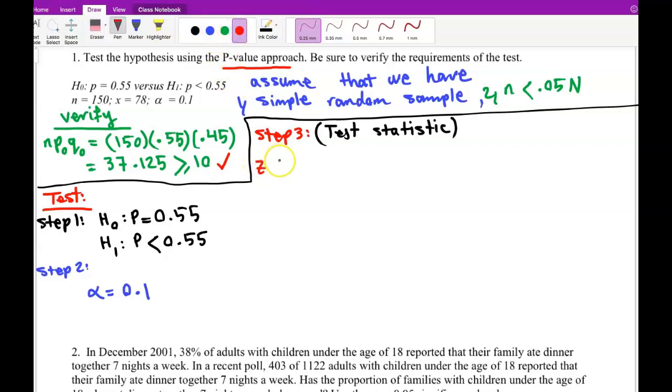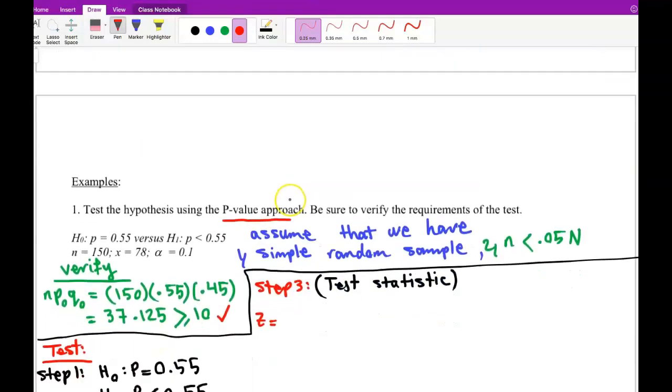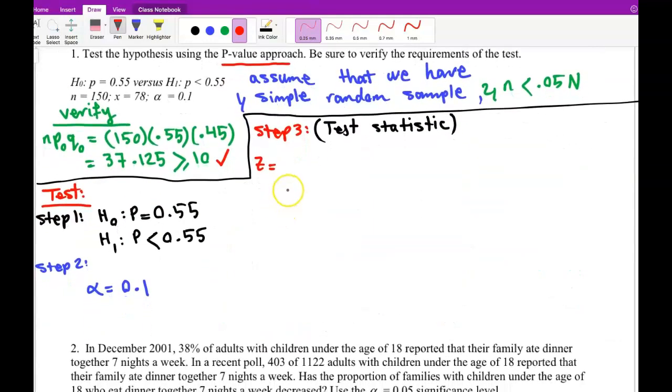Using z, so z0 is equal to, on top we have p hat minus p0 divided by the square root of p0 times q0 divided by n.